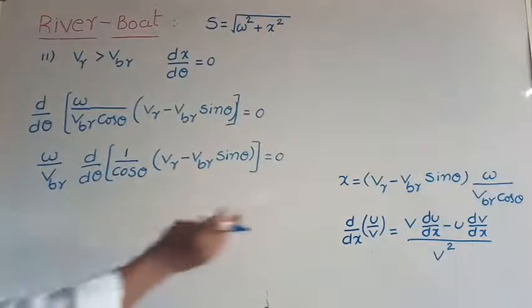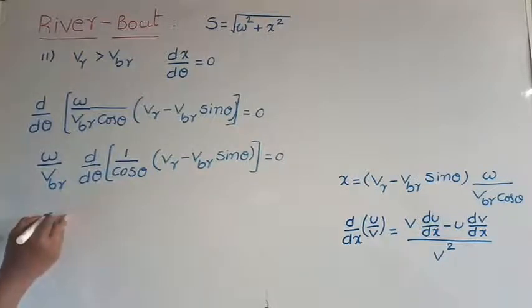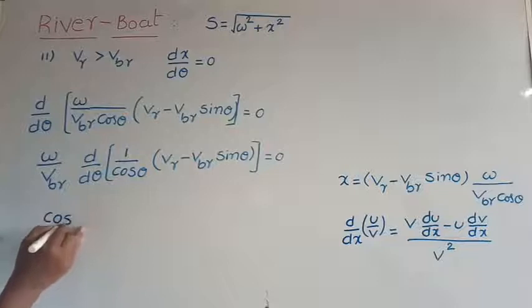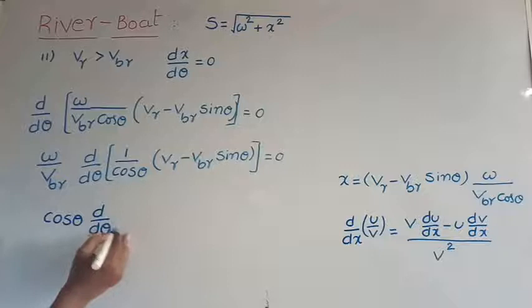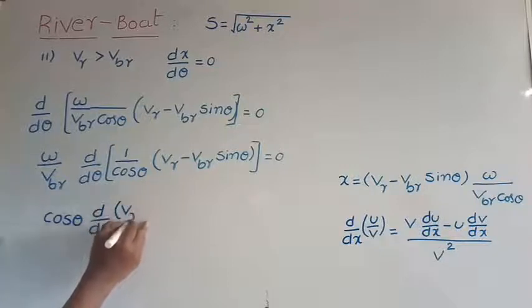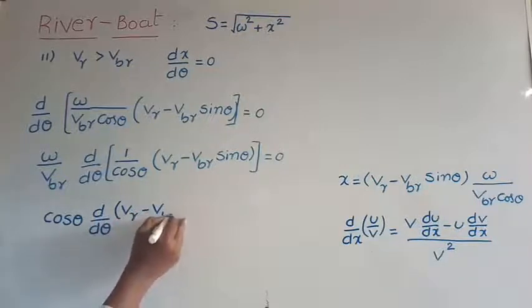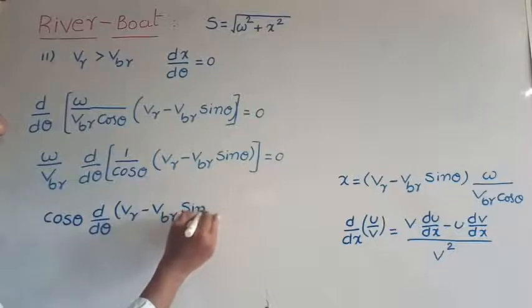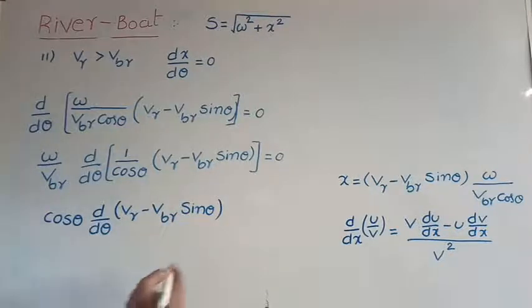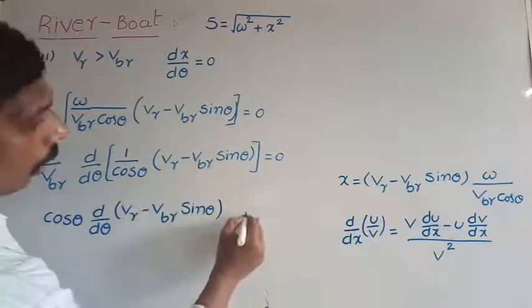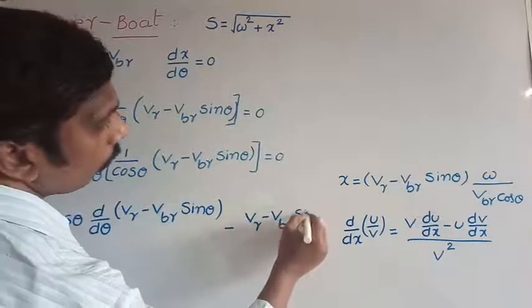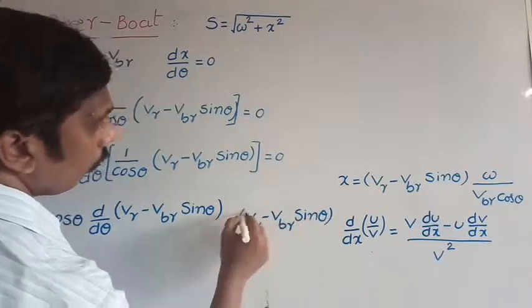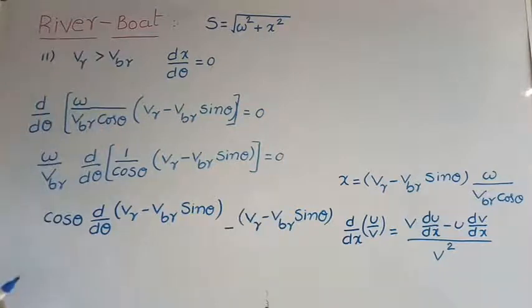So according to the formula, cos theta into d by d theta of u, minus u into dv by dx.